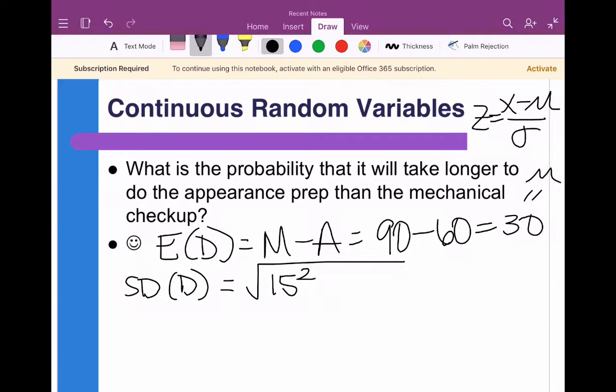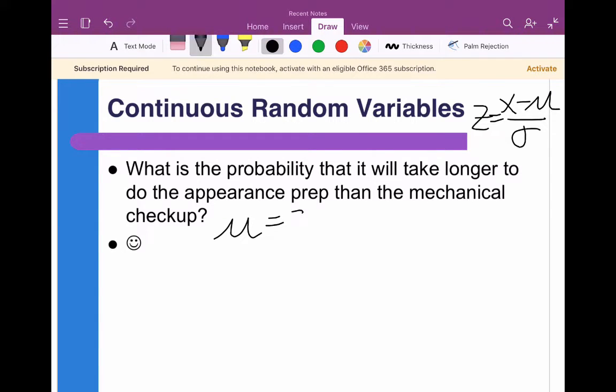Remember, even though we're subtracting, we always add when calculating variance and standard deviation, because variation always is increasing, not decreasing. Appearance time had a standard deviation of 5 minutes, and again I square that to get to the variance. Then when I add them together, I get the square root of 250, which is 15.8. So we calculated that the mean was 30, and the standard deviation was 15.8.